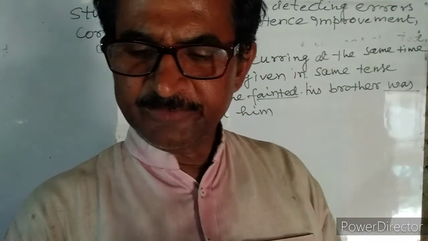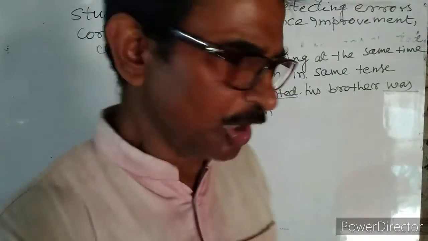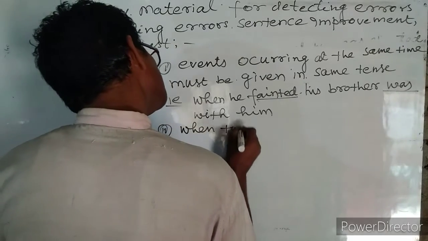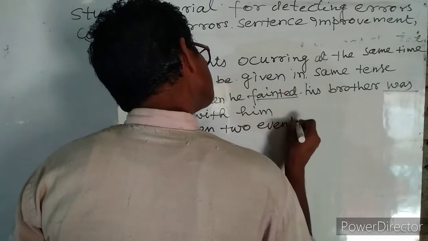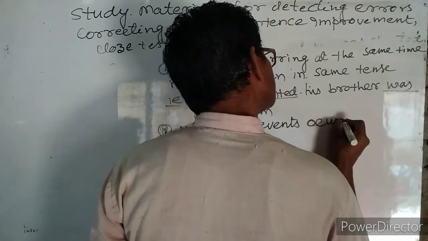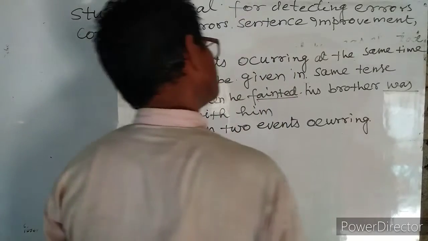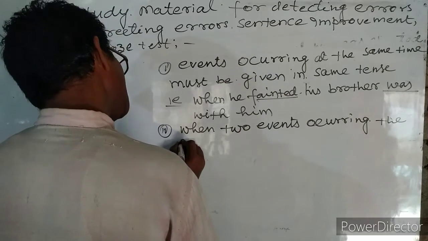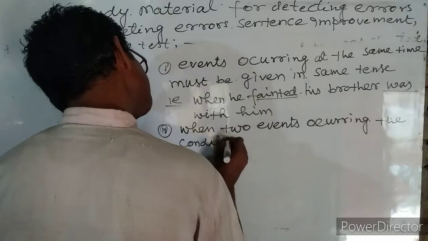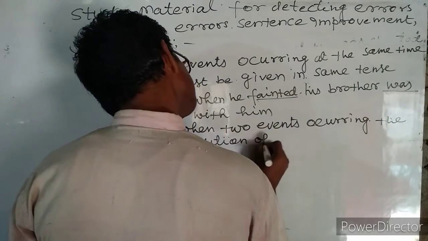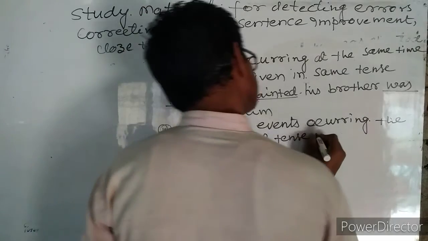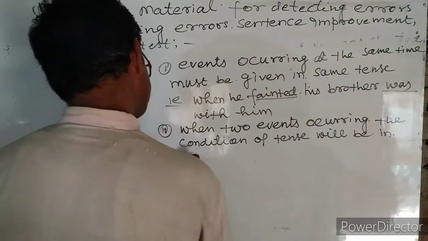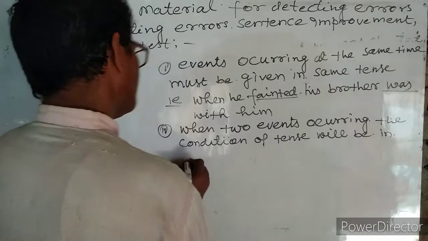So when two events occur, the tense will be in perfect form.